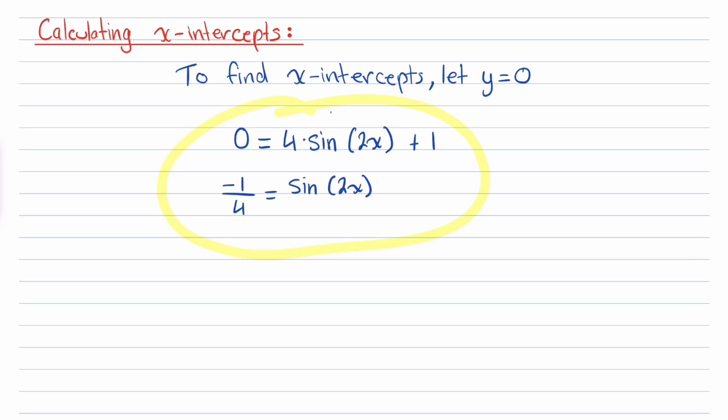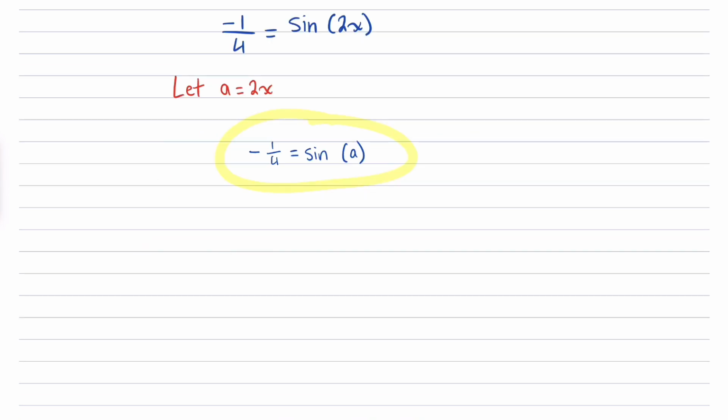which I've done here. And now I'm going to rearrange this so that I've got sine of something in brackets. Once I've got sine of something in brackets, in this case 2x, I'm going to let A equal 2x. So now I've got this here, right?